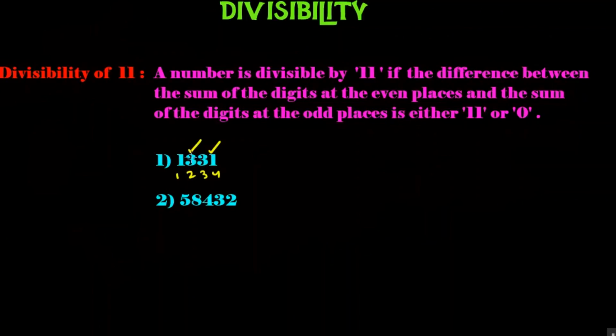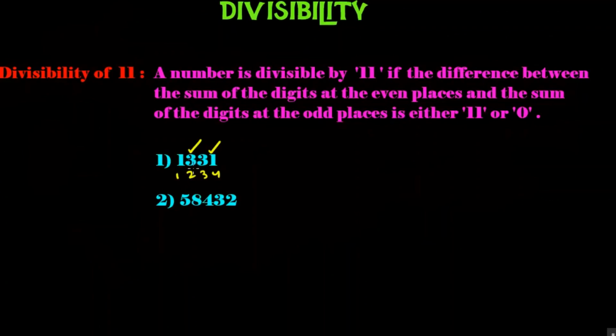So if you add numbers at the even positions and you add numbers at the odd positions and then you find out the difference between these two, then if the result is either an 11 or a 0, then that number is divisible by 11.